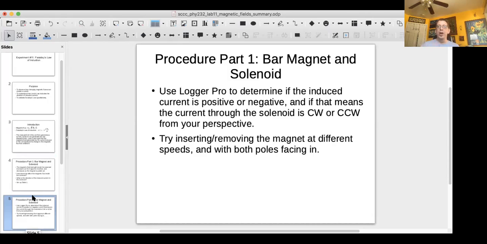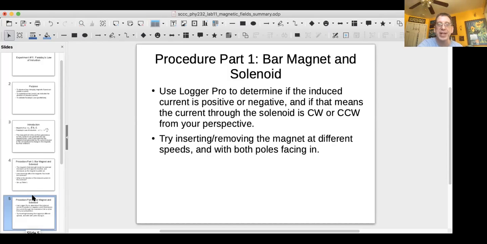So what current do you get, and what magnetic field does that result in? And is that magnetic field opposing the change in the magnetic flux that originally created it? That's basically what you're going to be looking to answer in this part of the experiment.